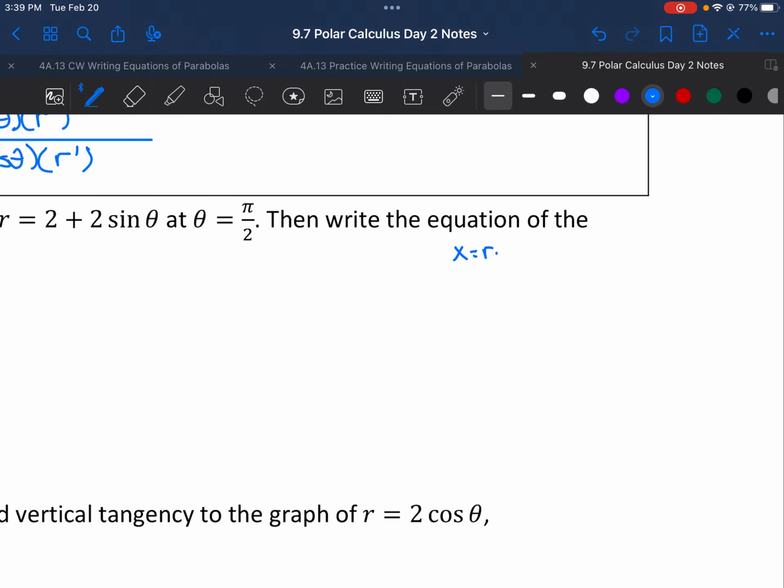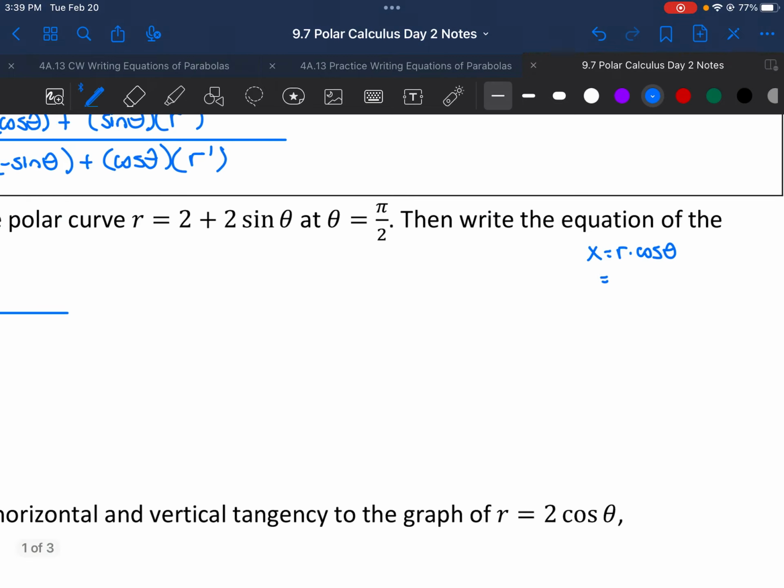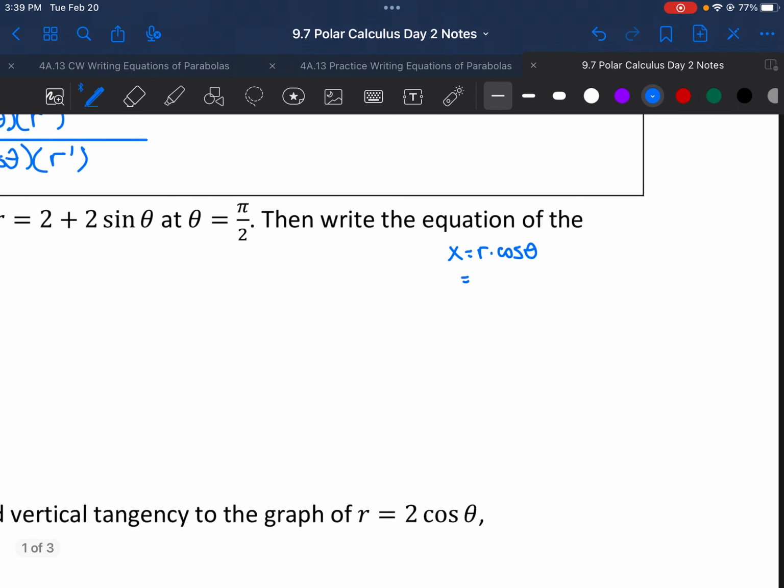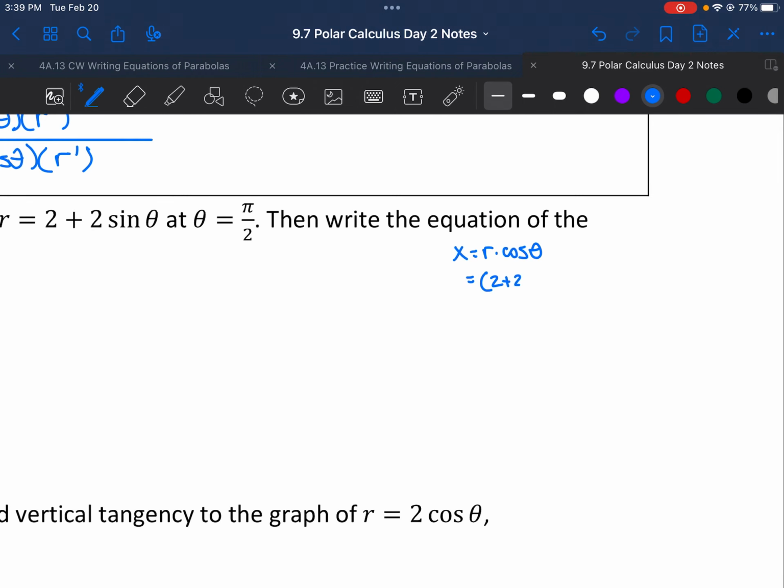So x equals r times cosine theta, which is 2 plus 2 sine theta, that's r, times cosine theta. If we go ahead and distribute the cosine theta, that's going to give us 2 cosine theta plus 2 sine theta cosine theta.